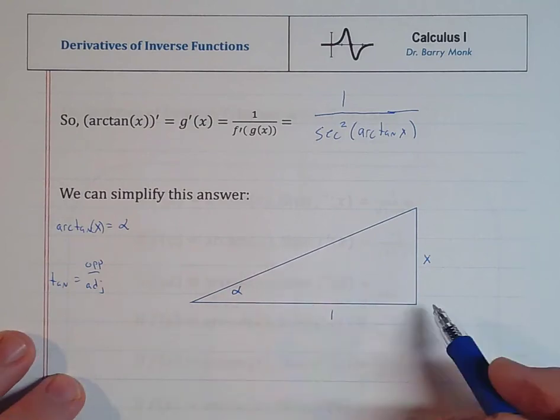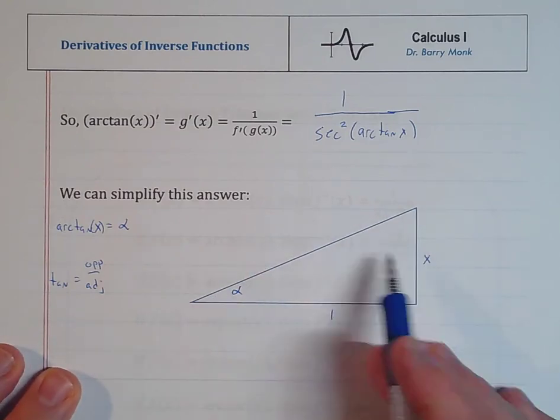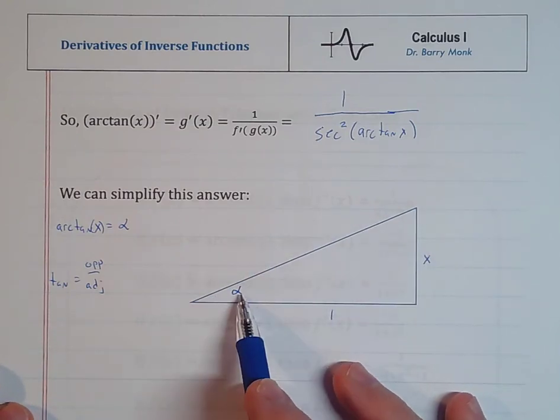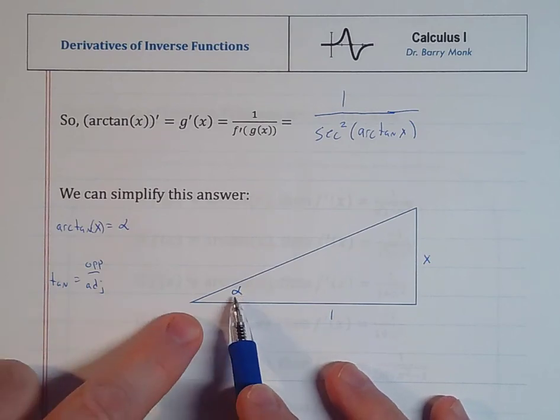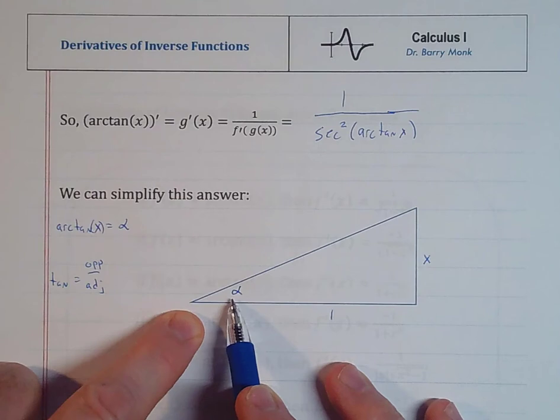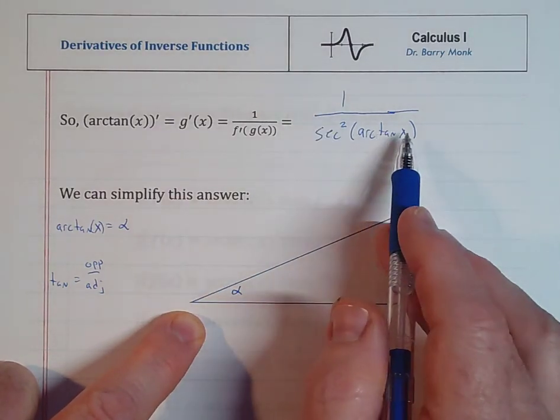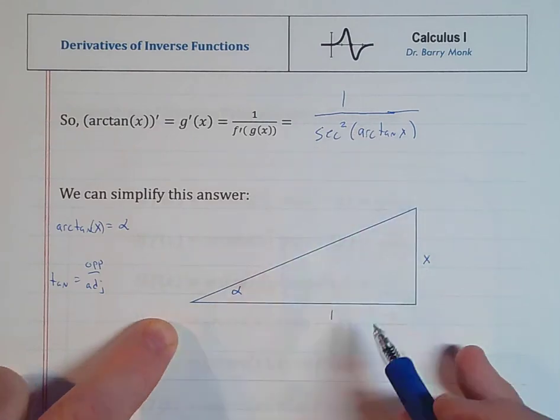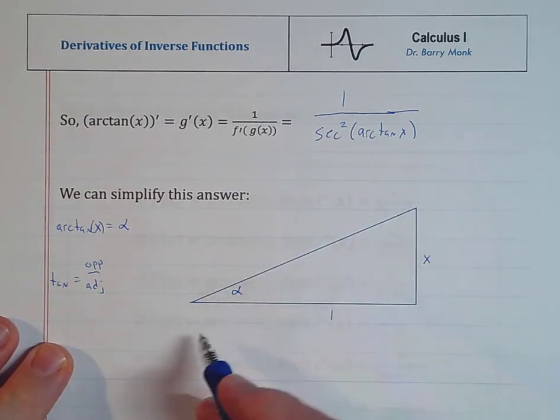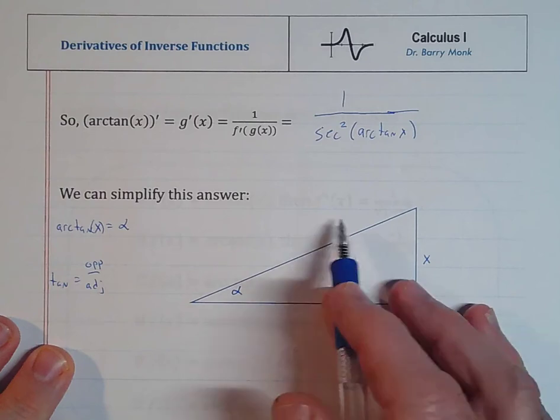What this means is that I should be able to find any of my other trig values. I should be able to find sine of alpha and cosine of alpha. And if I can do that, then I should be able to find secant of alpha, right? And remember, alpha is arctan x here. So what I need to do is find all 3 sides.